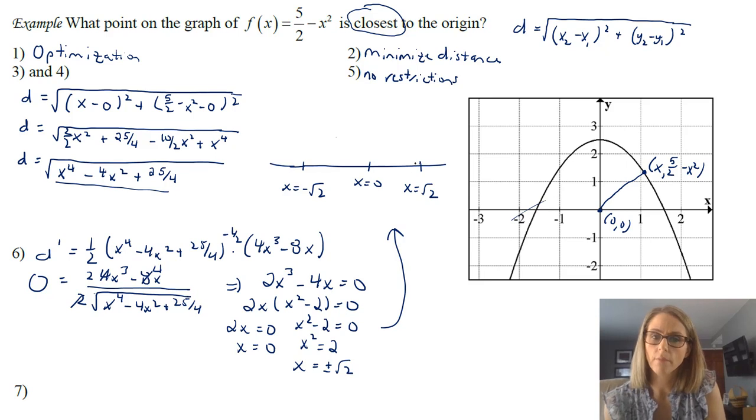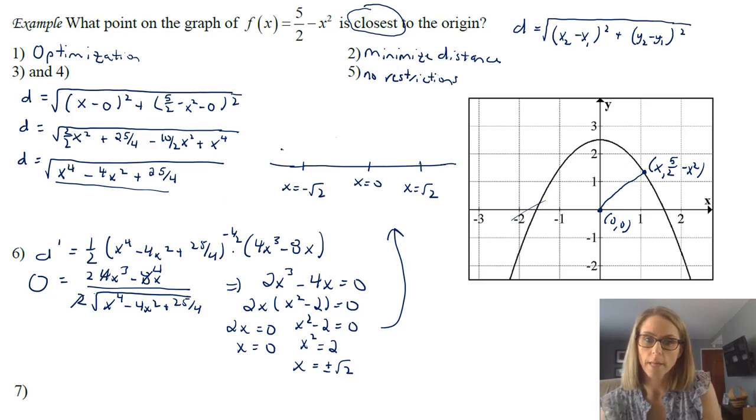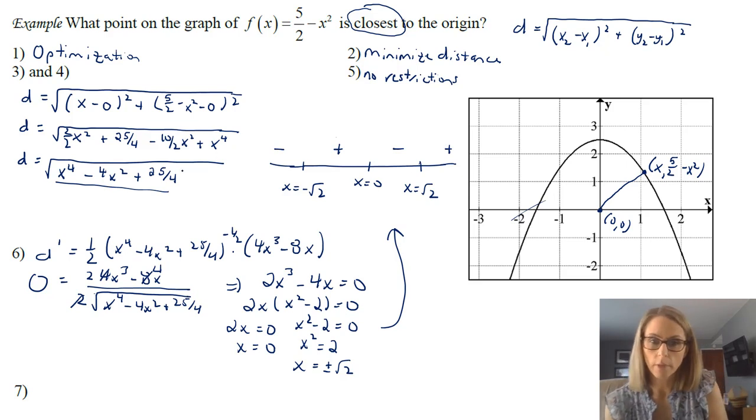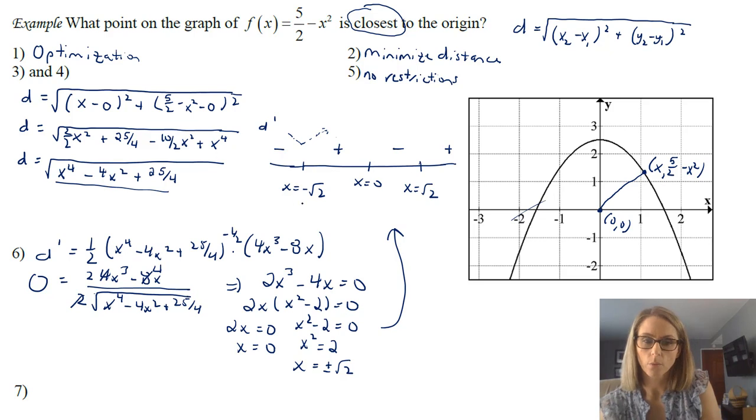So if you were to put in values, and I'll just for time's sake, if you were to put in values on either sides of all these, you are going to have negative, positive, negative, positive. If you're putting these into the derivative, just see what happens in the derivative. And so what that's telling you is that you have a local min right here, and then you have a local max at 0, but you don't really care about that because you're not trying to maximize anything.